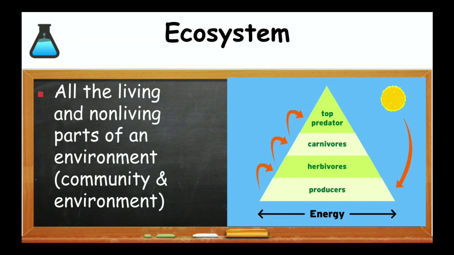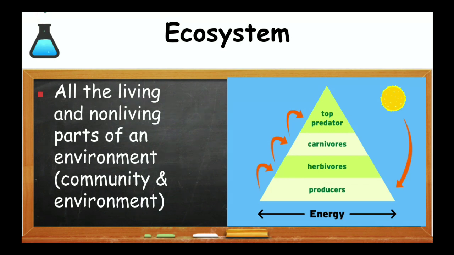The ecosystem includes the community and the abiotic or non-living factors. Here you can see that within an ecosystem, energy from the sun is originally transferred to producers. Then that energy will be transferred to herbivores, and then to a first carnivore, and then to yet another carnivore.